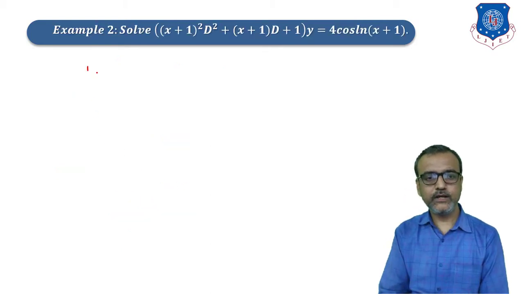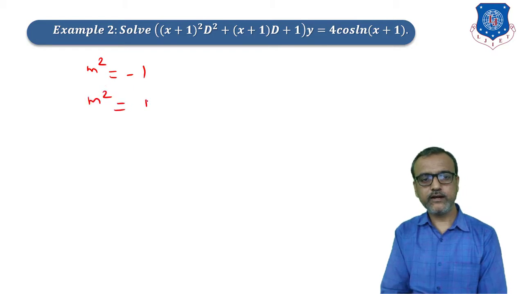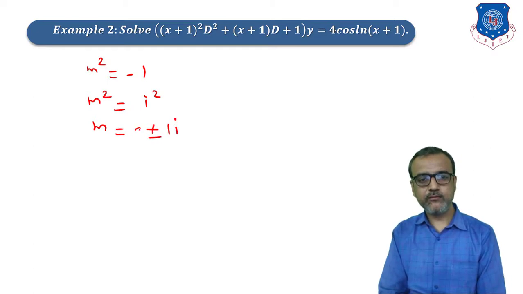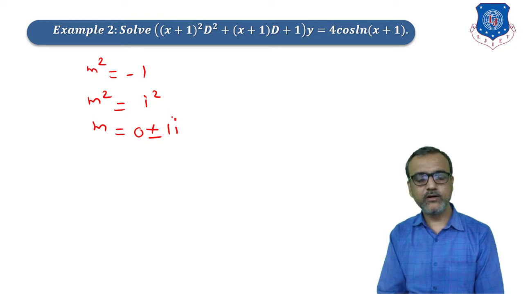Therefore we have m square equals minus 1, and minus 1 is nothing but i square. So we have m equals plus minus 1i. 1 is the imaginary part and 0 is the real part. Now based on this complex number we will write down CF.